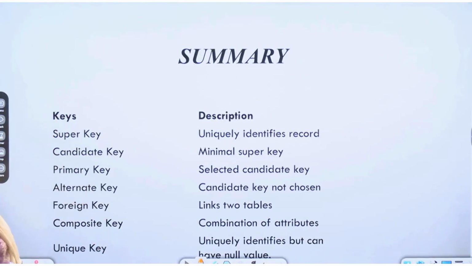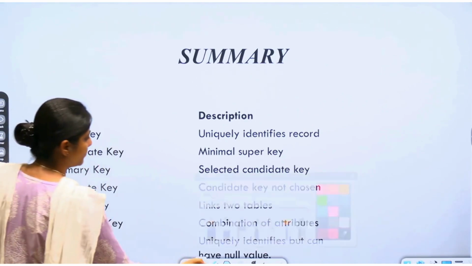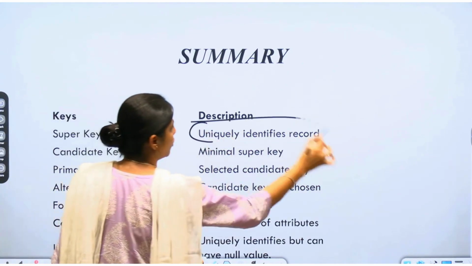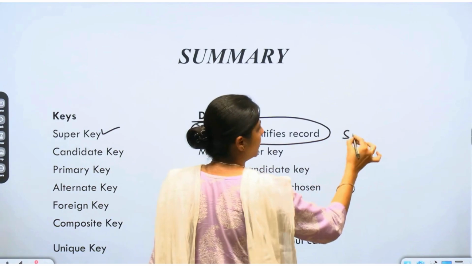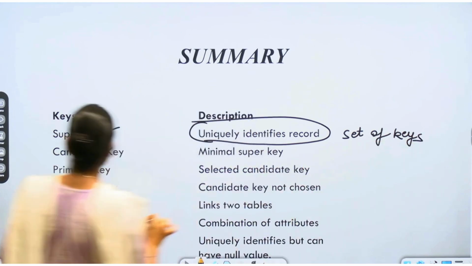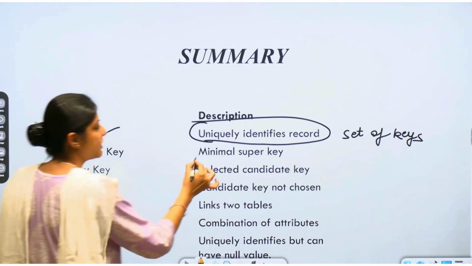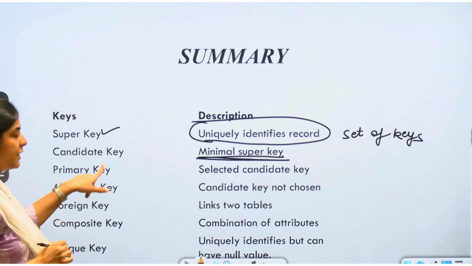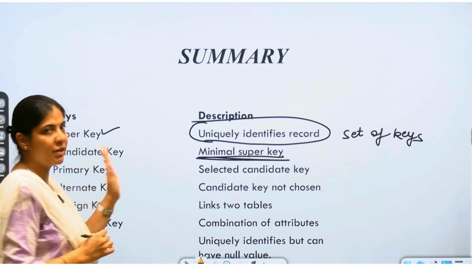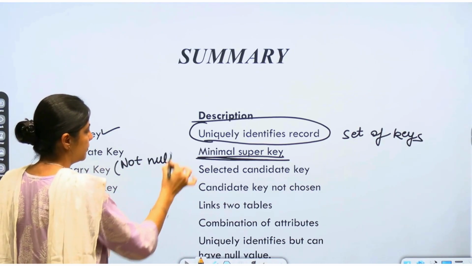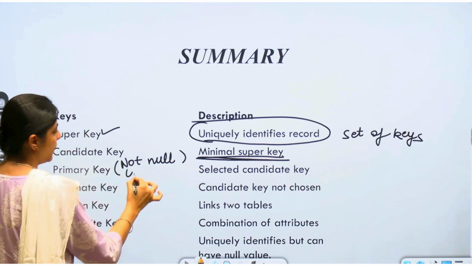Now let's take an overview of all the keys we have seen today. First is the super key, which uniquely identifies a record, and it is again a set of keys. Second is the candidate key, which is a minimal set of the super key. Out of that, we take out the primary key, and the primary key's constraints are that it should be not null and it should be unique.